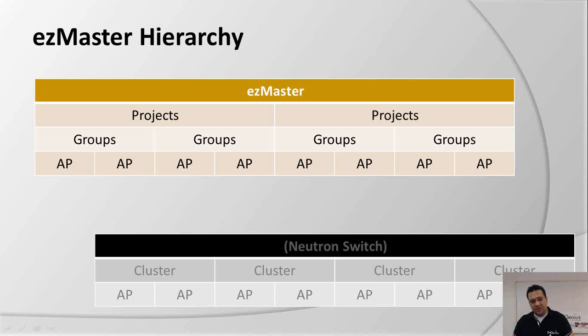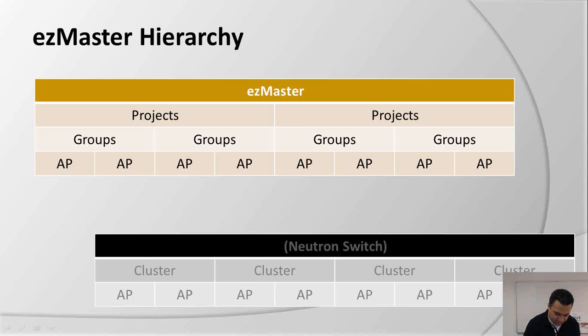The ezMaster has groups where you can cluster the access points in one group. But on top of that, you also have projects, and that means that you can make separate projects. For instance, one customer can be one project, or one setup from a customer can be one project, and you can have these separate projects separately.